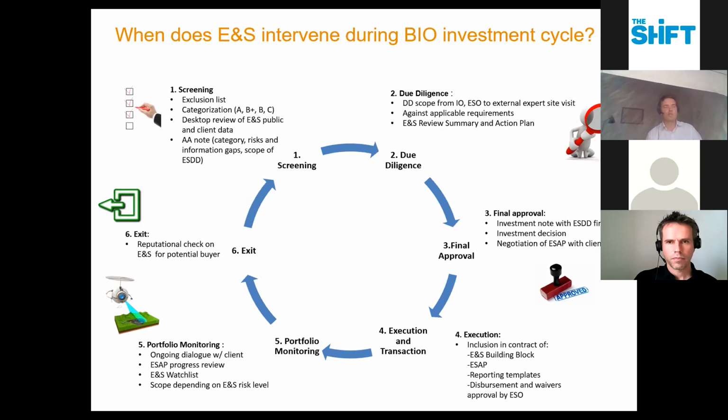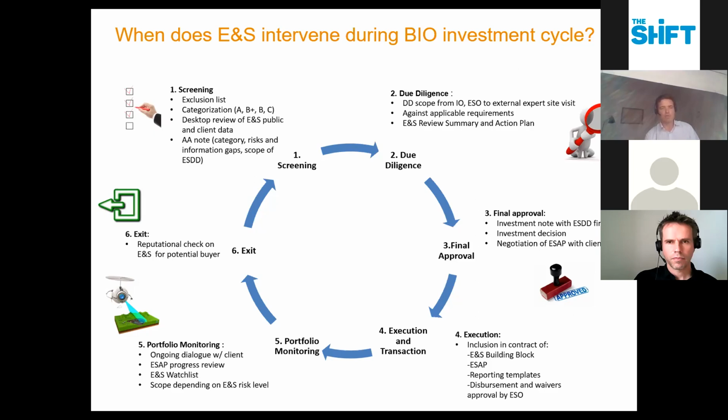And then we have the due diligence itself, which is going on site, for example, and reviewing documentation in more detail. Based on our findings, we will make recommendations, which we will include in an environmental and social action plan, which is entirely part of our investment contract. We will make sure that actions are conditions to our investment.